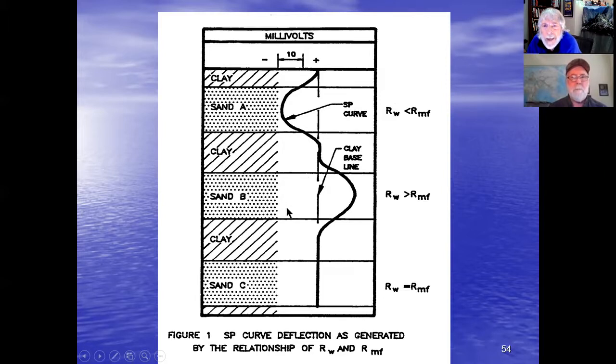Coming up to sand B, it's breaking to the right, which tells me the resistivity of the water is higher, so this is fresher, cleaner water than the mud. Whereas up here at sand A, it's breaking to the left, telling me it's more salty than the mud filtrate.